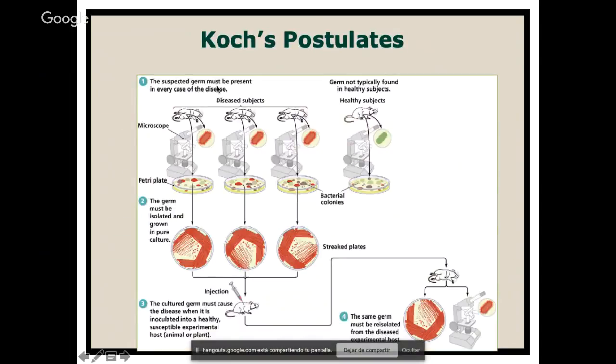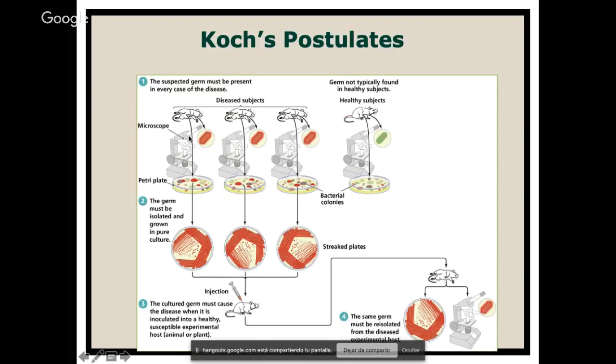So here we have the Koch postulates. First, we have the germ that must be present in every case of the disease. Then in the diseased subjects, the germ is not found in healthy subjects.